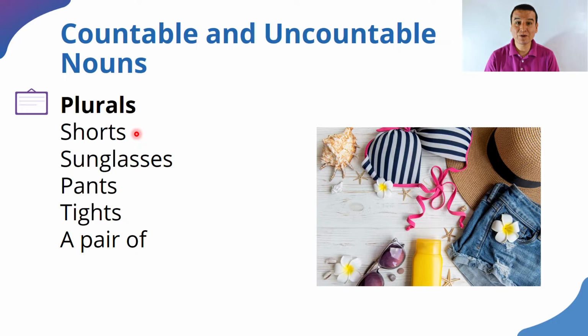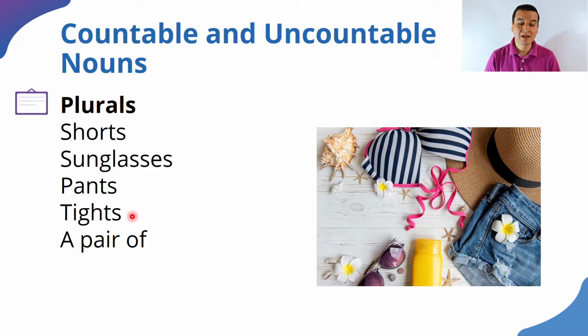We say one pair of shorts, or we just say, I am wearing shorts. We don't say, I am wearing short or a short. No, just shorts. Same thing with sunglasses. Why? Because we always have two. And we say, I am wearing sunglasses. I love pants. All right? We don't say pant. No, we use that in plural.